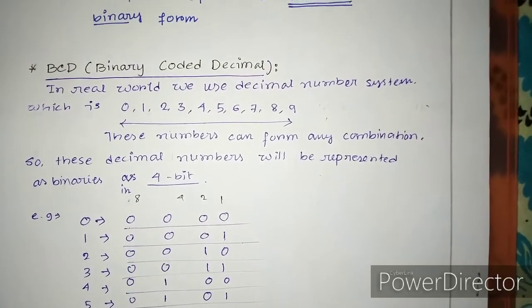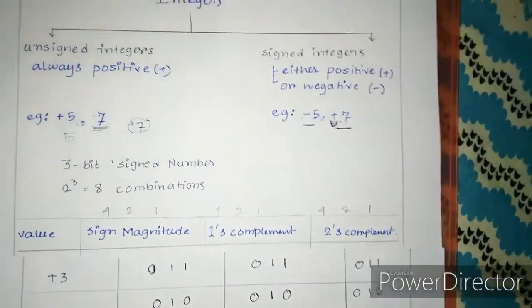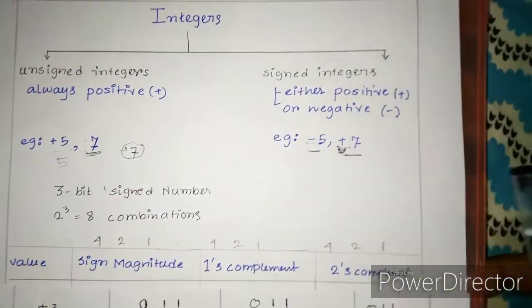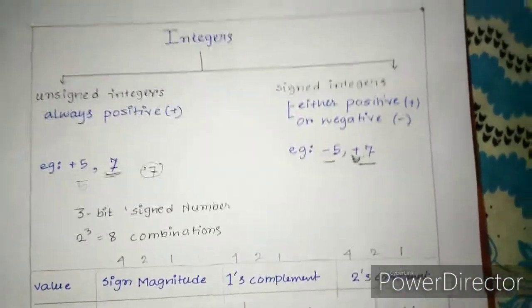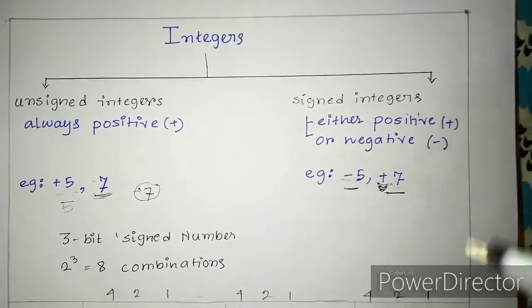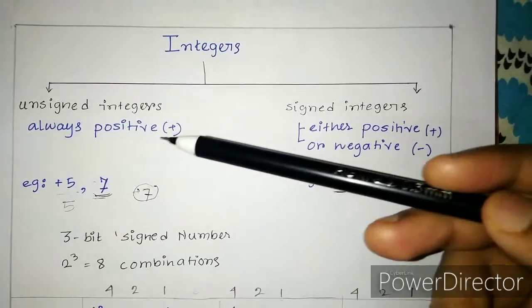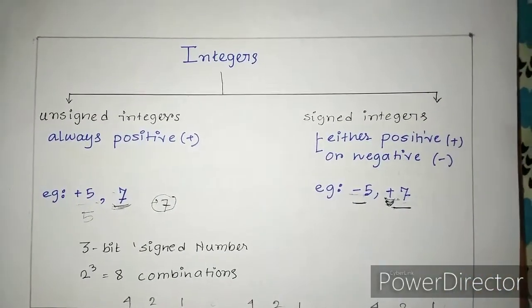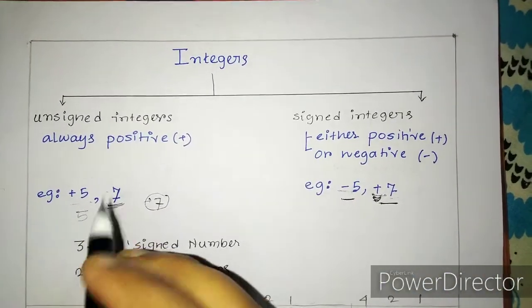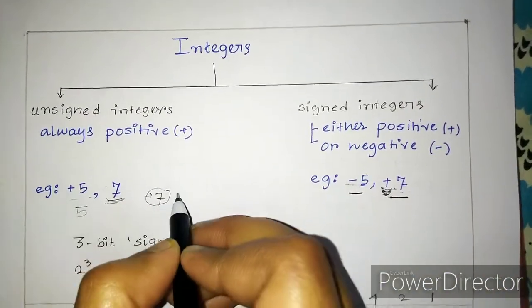Now today's main topic: how we can represent integers in binary form. Integers can be of two types, signed integers and unsigned integers. Unsigned integers are always positive, and signed integers can be either positive or negative. There is no sign in front of unsigned integers.